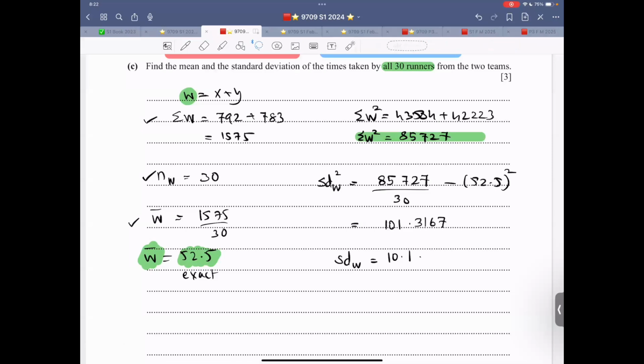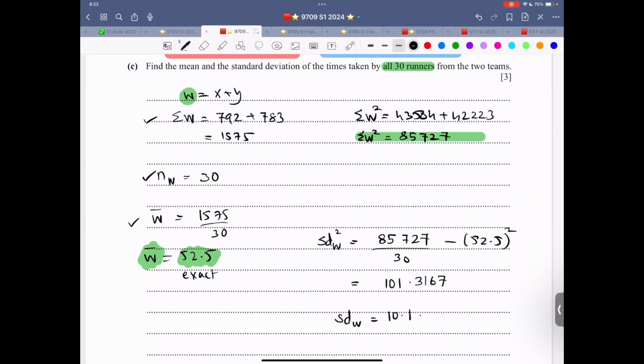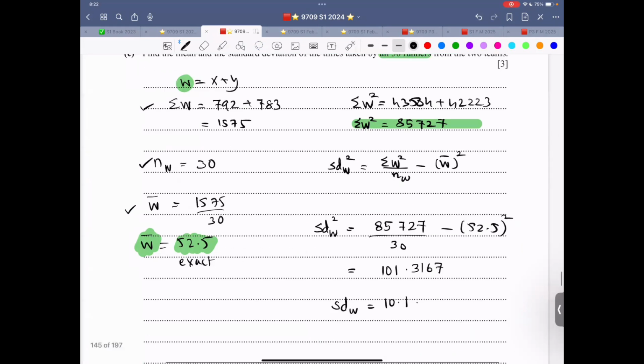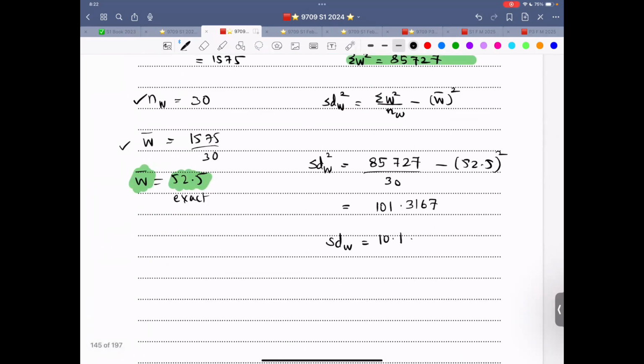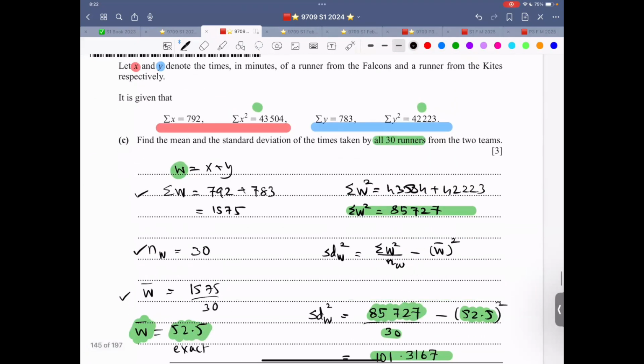If you want me to write it, I can. So therefore, SD square for W, that is sigma W square over N W minus W bar square. And then we plug in the value, which is over here. 30 was there, 52.5 was calculated. We get this thing. And therefore, standard deviation is the square root of this, given correct to 3 significant figures. So that is also pretty basic.